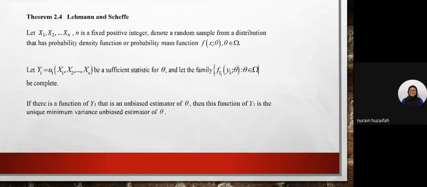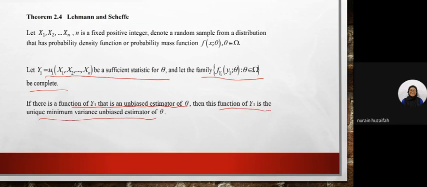So this relates to the Lehmann and Scheffé theorem. Again, you have a random sample, and Y1 is a sufficient statistic, and the family is a complete family. If there is a function of Y1 that is an unbiased estimator of theta, then this function of Y1 is the unique minimum variance unbiased estimator of theta. So first, the sufficient statistic.